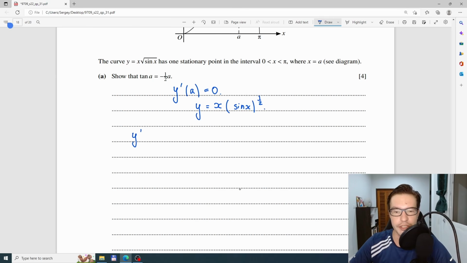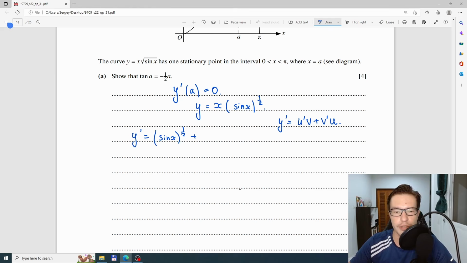Now let's differentiate it using the product rule. So y derivative equals u derivative times v plus v derivative times u. And using the product rule, we get derivative of x is 1 times v, sine x to the power of 1 over 2. Next, v derivative.